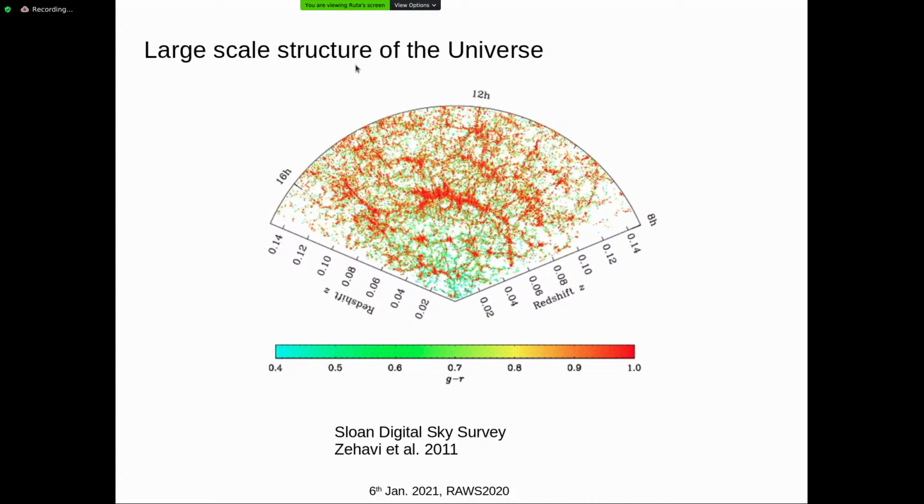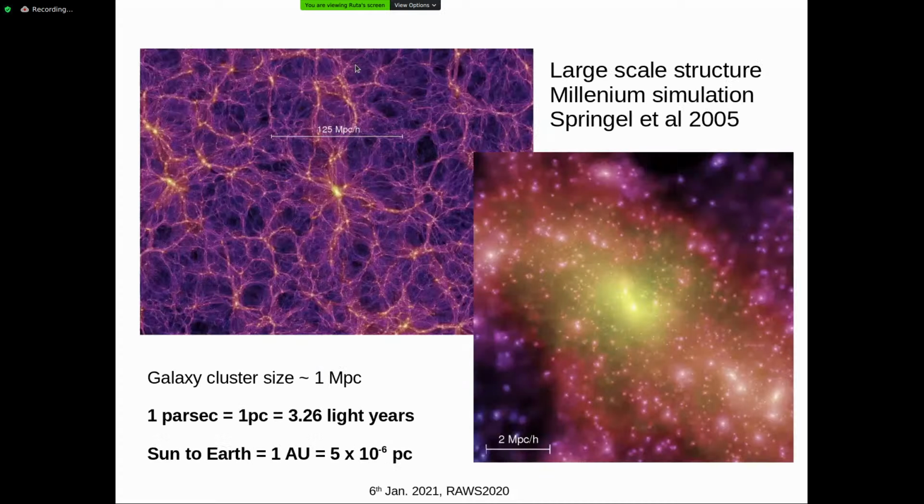So what I showed you just now was actually a picture taken by telescopes and then constructing a 3D picture because we know the redshifts. Now, what do the simulations tell us? So we know that most of the universe is made up of dark matter.